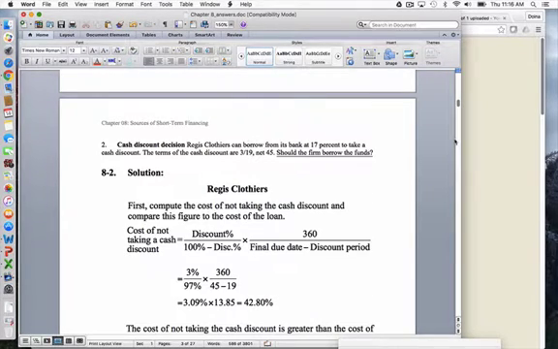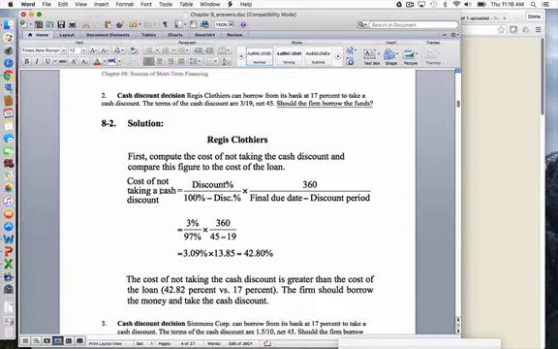Now first we calculate the cost of not taking the cash discount. Discount is 3%, so discount 3 divided by 97, which is 100 minus 3, times 360, final due date is 45 minus discount period 19. Those are the numbers that you need here.